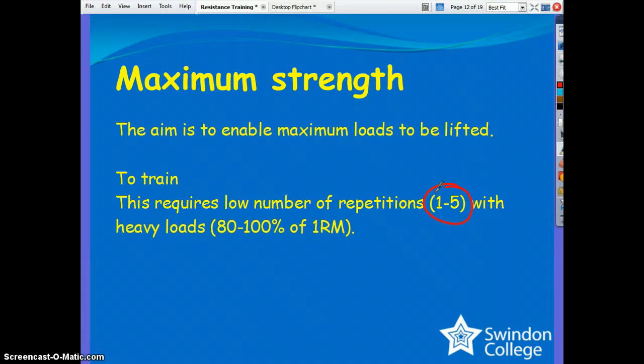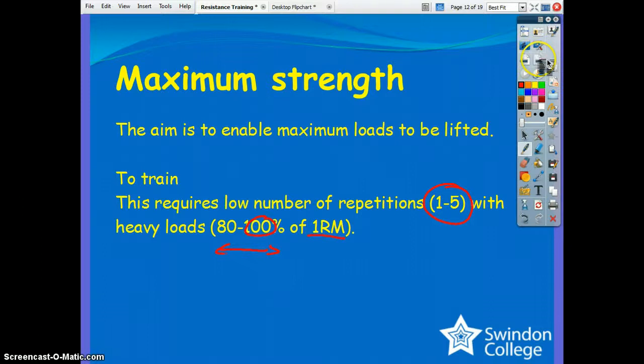So obviously 100% would be your 1 rep max, but it can be anywhere in between these two numbers, 80 to 100%. But it's very heavy weights with very low repetitions. 1 to 5. An example of this is stuff like the world's strongest men.